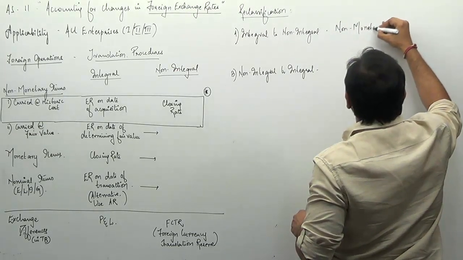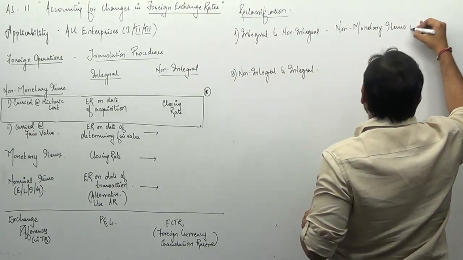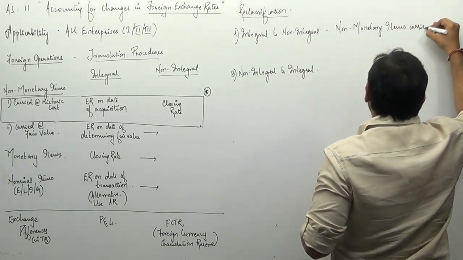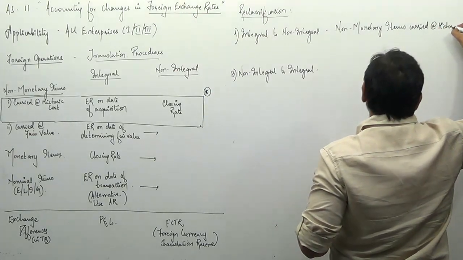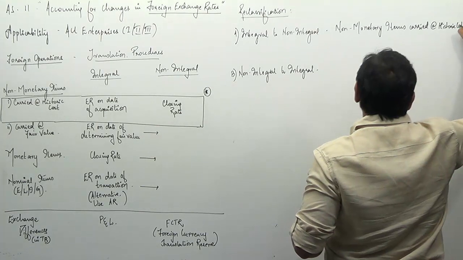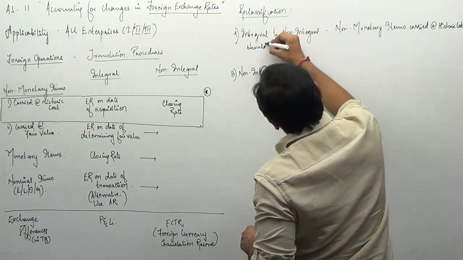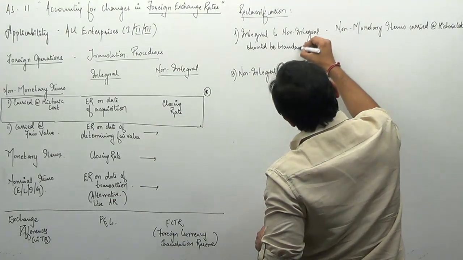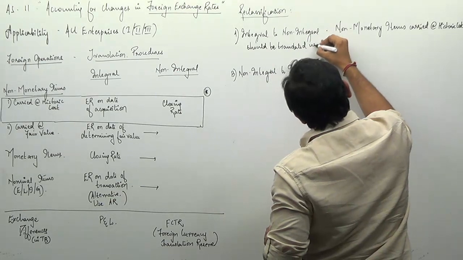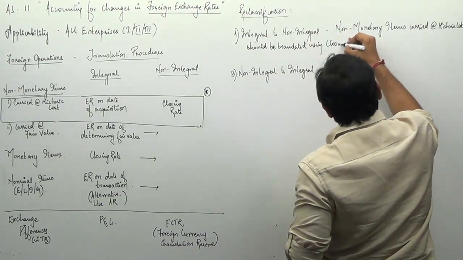Non-monetary items carried at historic cost should be translated using the closing rate.